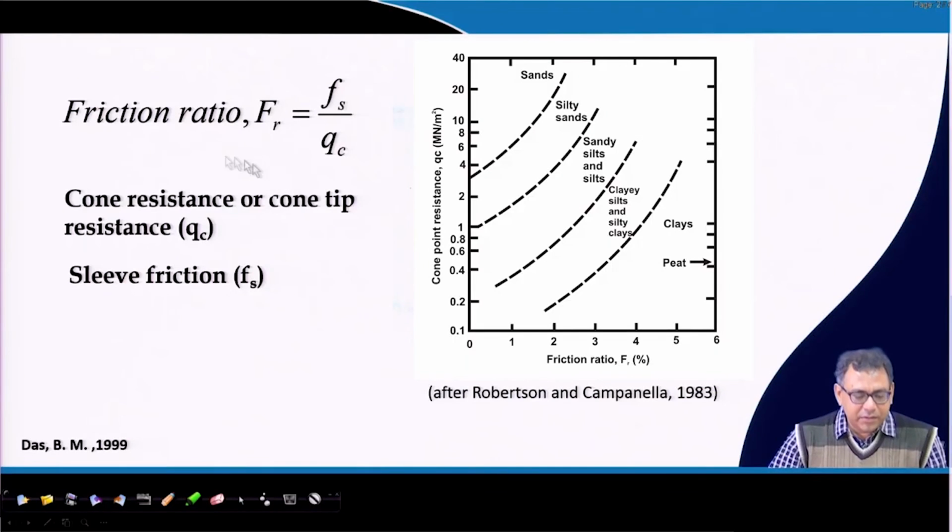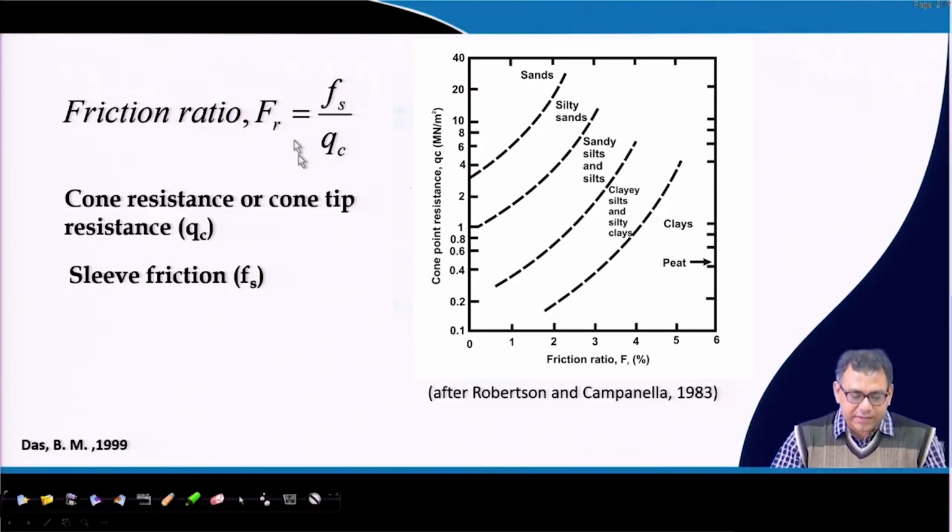Then the friction ratio is the ratio between the friction resistance or the sleeve friction and the cone resistance or the tip resistance. Sometimes it is called tip resistance also. Tip resistance QC by Fs, where Fs is the friction resistance or the sleeve friction.